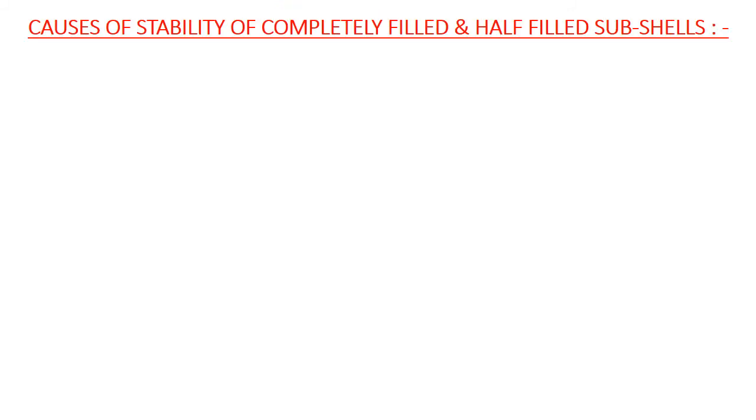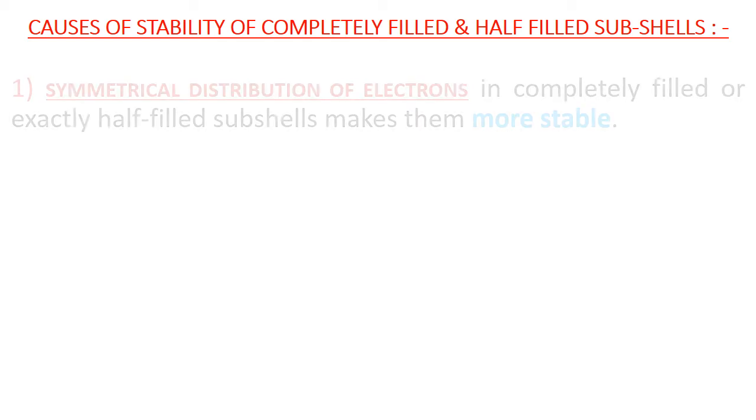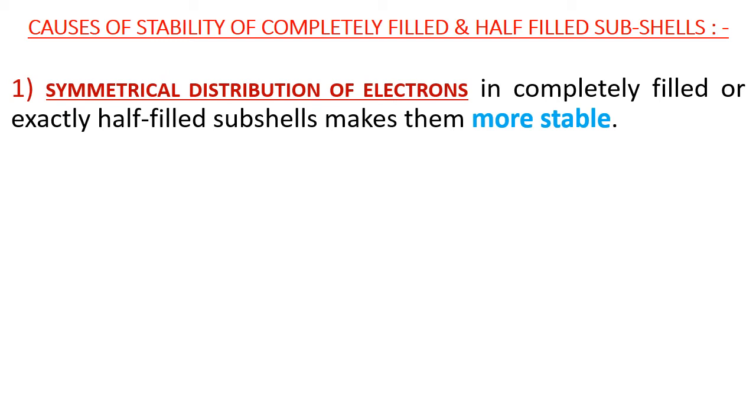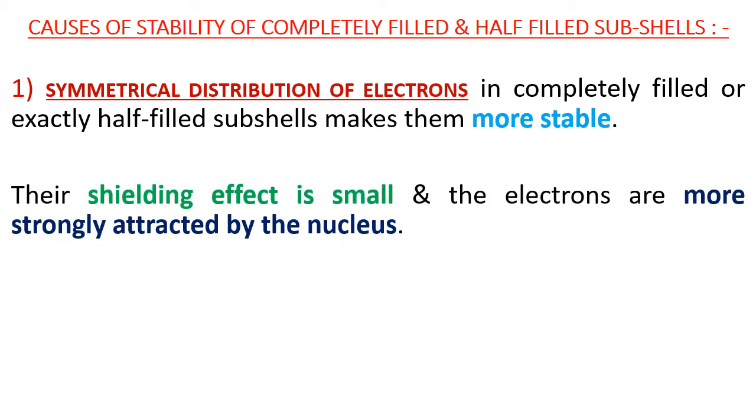Cause of stability of completely filled and half-filled subshells: symmetrical distribution of electrons in completely filled or exactly half-filled subshells makes them more stable. Their shielding effect is small and the electrons are more strongly attracted by the nucleus.